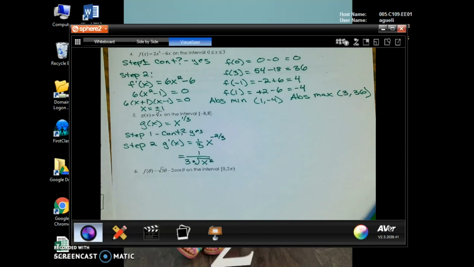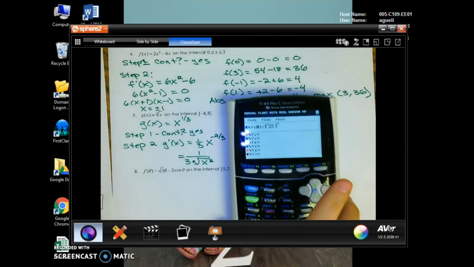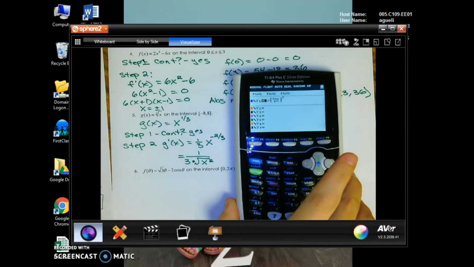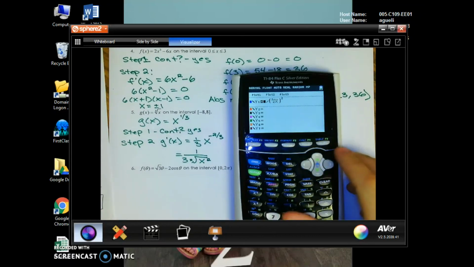Okay, so this is the part where we normally set the derivative equal to 0. But in this case, we're also going to have to examine that other case of where the derivative does not exist. To demonstrate this, I put it in my calculator just so you could see. All I did was hit y equals, and then I typed in 1 over the cube root of x squared.